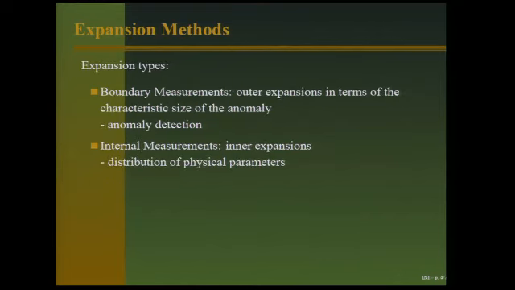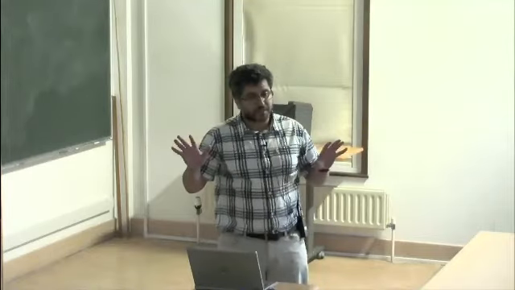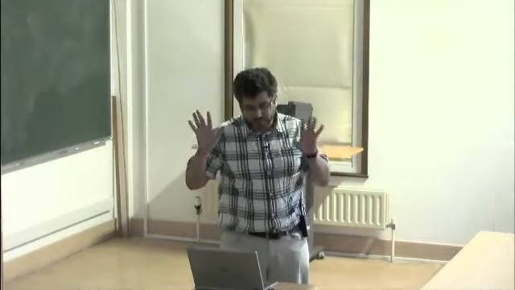When we are speaking about the expansions, we are speaking about the outer and inner expansions. There is a small parameter in the equations, I will show you examples, and then we can make two kinds of expansions. Either we are far from the inclusion we want to image, or we are near to the inclusion. The expansions are completely different, and the information contained in them is completely different.